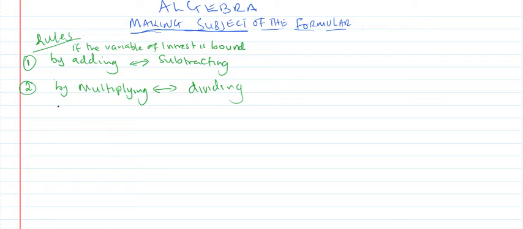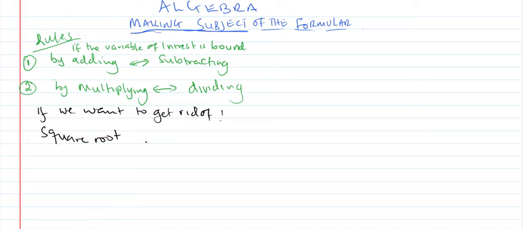Okay, another thing you should note: if we want to get rid of a square root, if you've seen any square roots in your working, you get rid of it by squaring both sides of the equation.